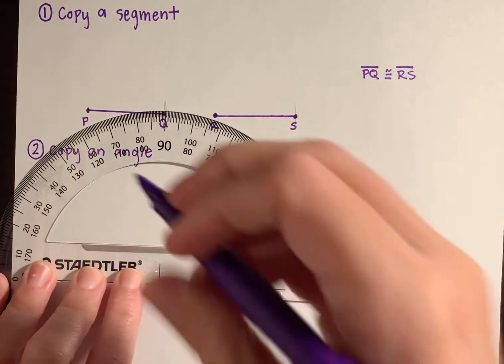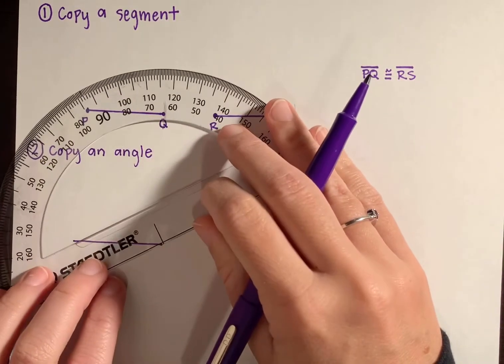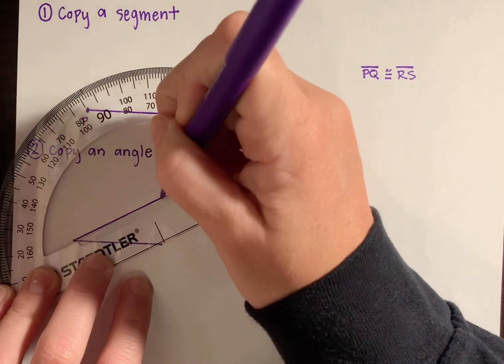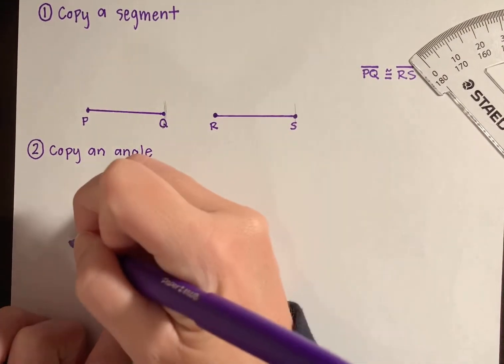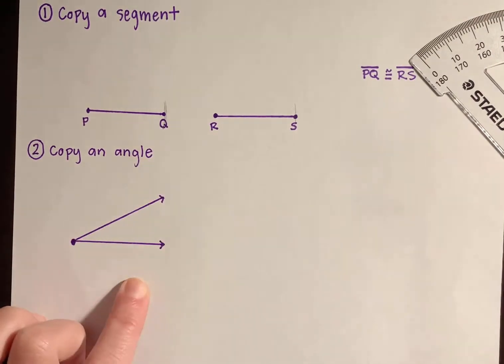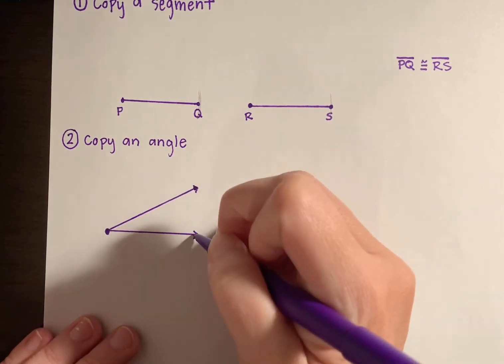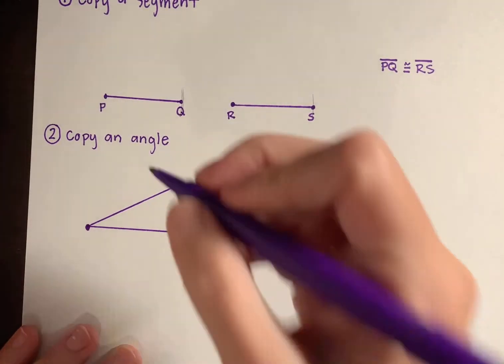I'd probably recommend an acute angle. Don't make your rays too small, but obviously you don't need them taking up your whole note page either. Maybe something like this. In fact, I'm going to go ahead and label the endpoints so I can label this angle with letters. So I'll do ABC.